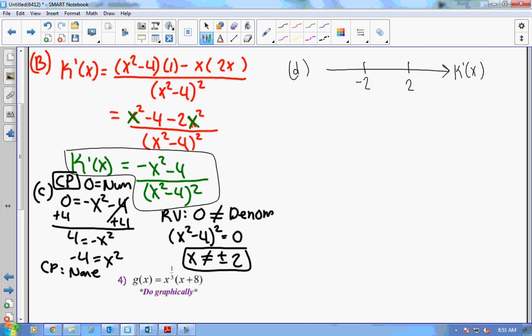So if you're looking at the infinities, what could you look at? We've done this before with limits, when you're looking at end behavior models. Okay, so if I did a little end behavior model here, K prime of x would be essentially negative x squared over x to the 4th, which becomes negative 1 over x squared.